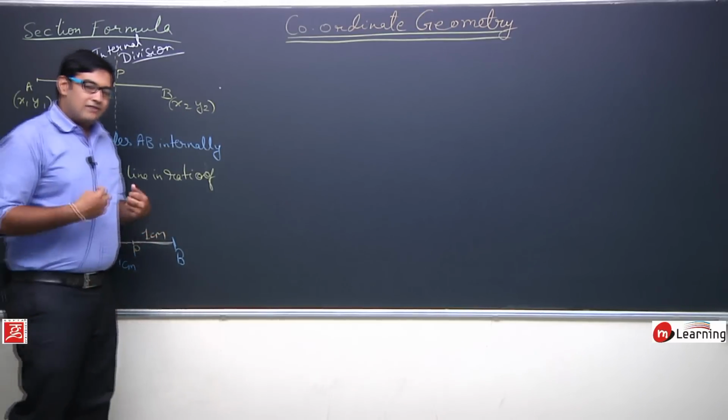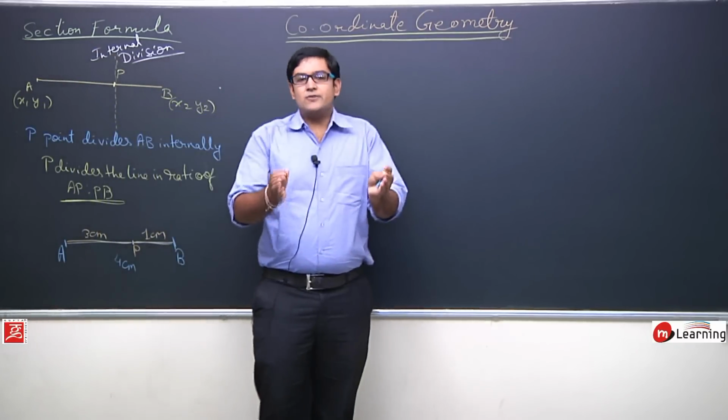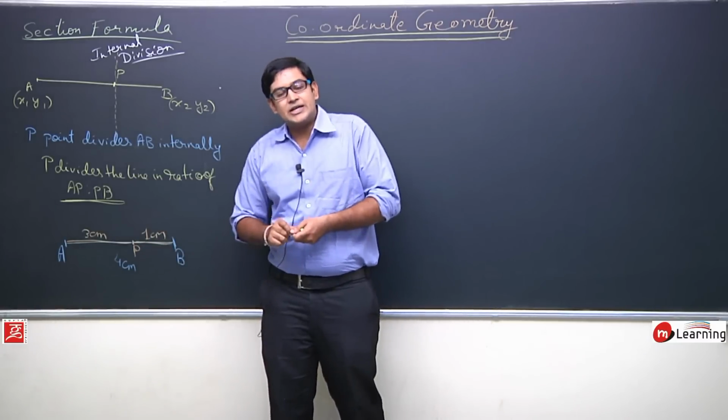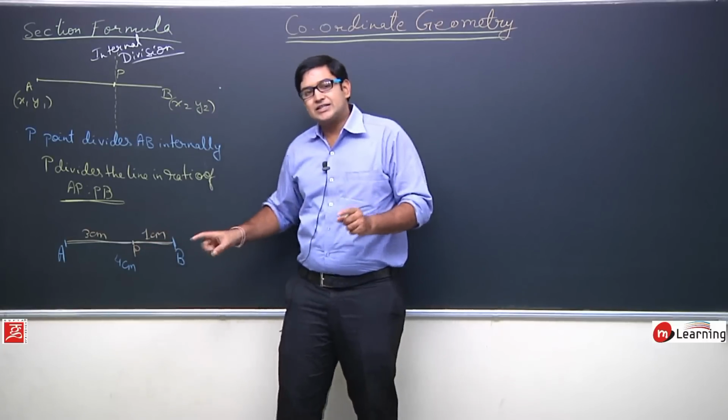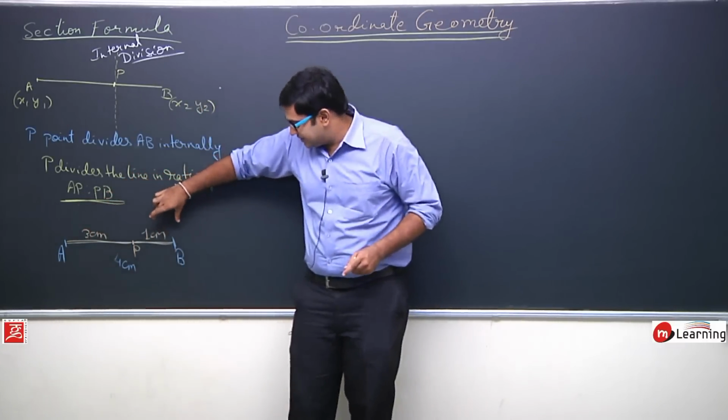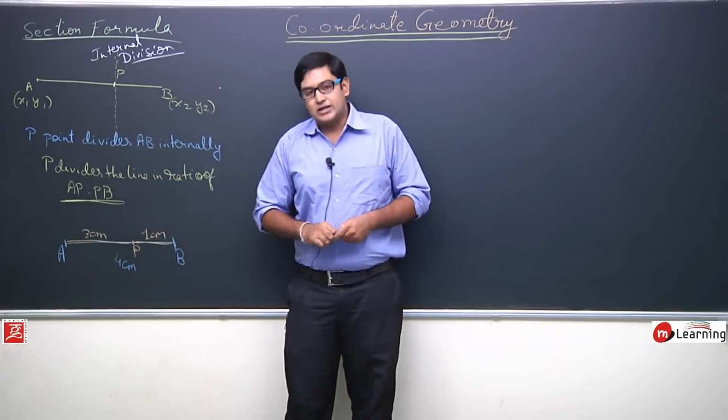So P lies on this line segment and divides it such that AP is 3 centimeters and PB is 1 centimeter.